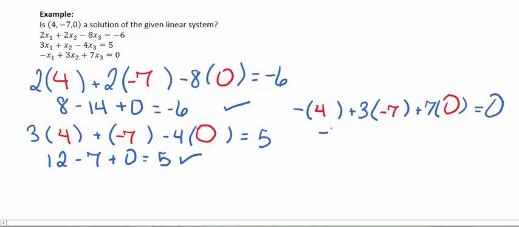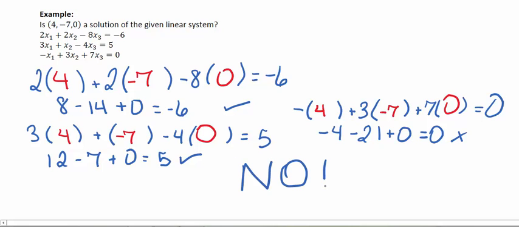This gives us -4 minus 21 plus 0 is equal to 0. We can see that that's not true. So is this a solution? No, it's not. In order to be a solution, we would need this to work in every single equation. Once we get one equation that it doesn't work in, we can say that it's not a solution.